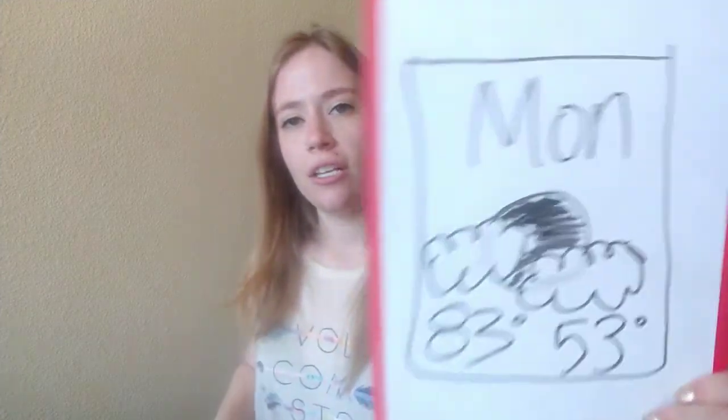And then we have our two extreme temperatures. So we have our highest temperature of the day and our lowest temperature of the day. So I'm seeing the temperatures 83 degrees and 53 degrees. Okay, so if you have your blue box around Monday, it'll look like that.